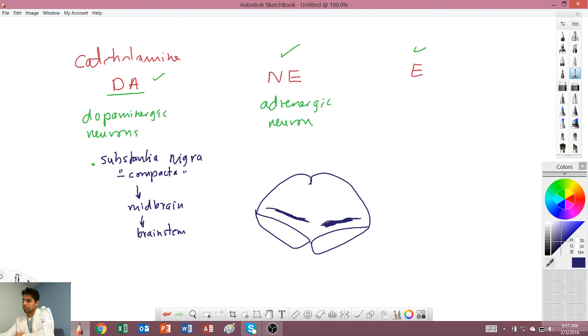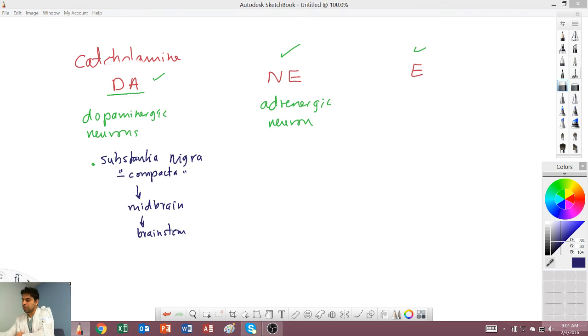Because in Parkinson's disease, let me quickly tell you about it. In Parkinson's disease, there is destruction of dopaminergic neurons within the midbrain or substantia nigra. And we're done. That means there's a lack of dopamine.